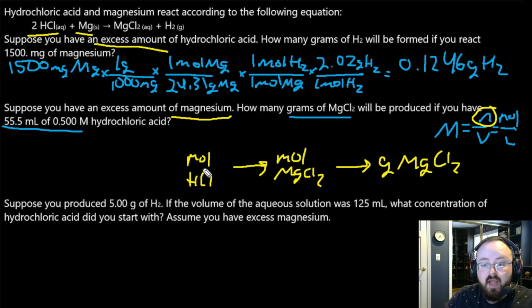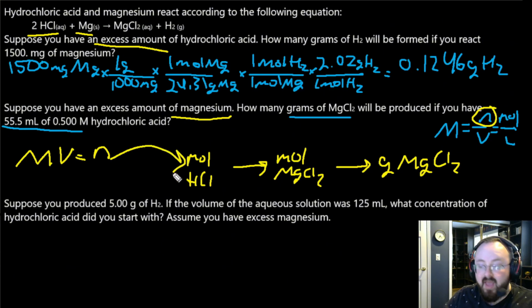And so I can solve for the number of moles of HCl: M times V equals N. And that N is this value. So there's no instance here where I need a molar mass of HCl.